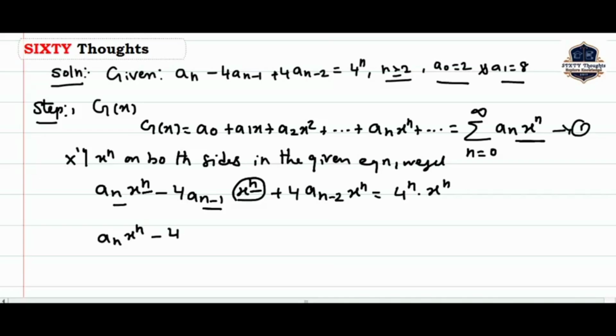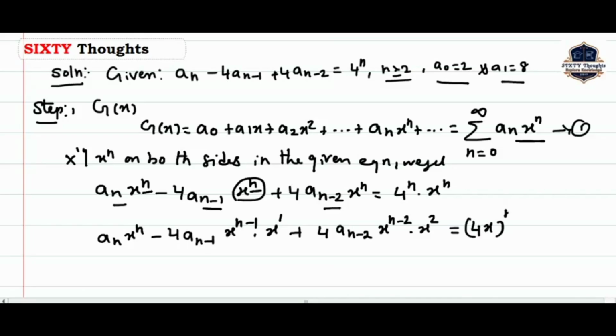If base is same, we can add powers, and we get x^n. Here a_{n-2} is there, so x^n can be written as a_{n-2} x^{n-2} into x^2. If base is same, we can add powers, we get the same value. And 4^n x^n can be written as (4x)^n.